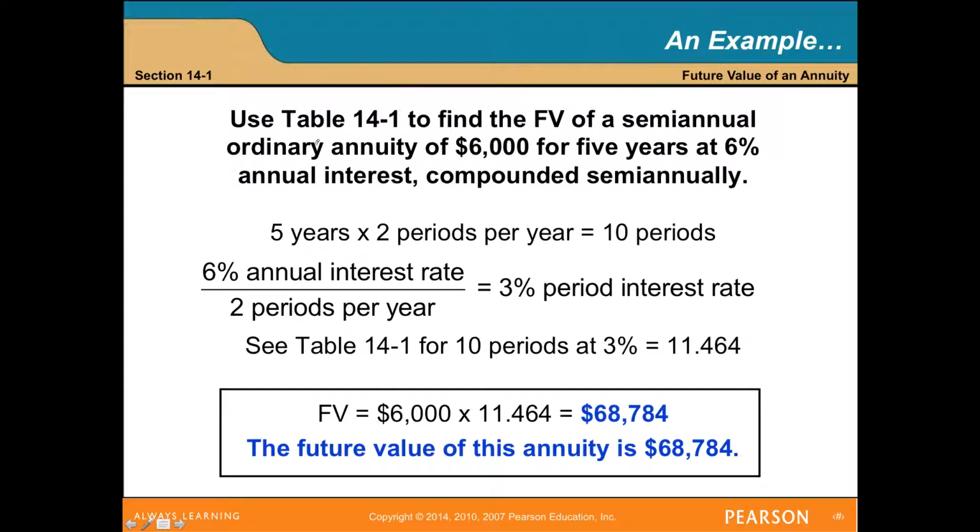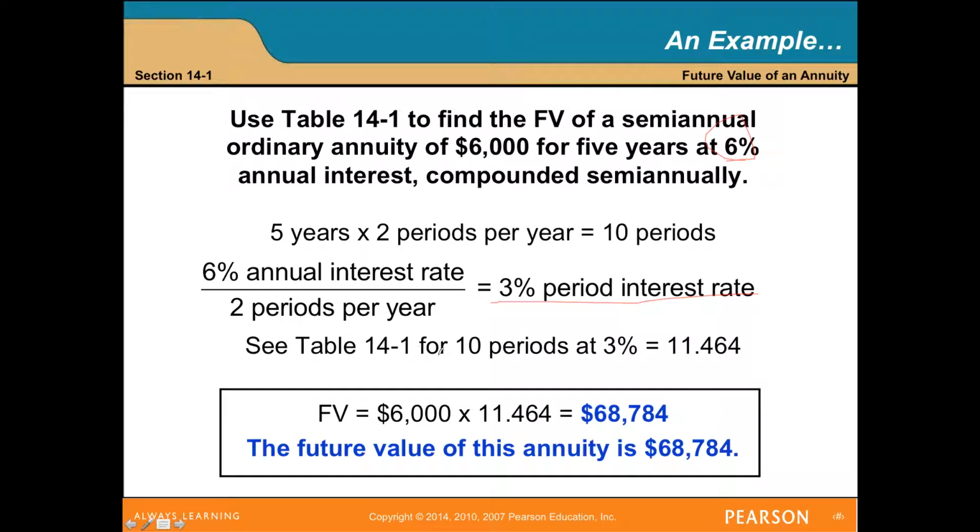So now we know that it's 6% annual interest rate, 2 periods per year, which gives us 3% interest rate per period. So then we're dealing with semi-annuals, right? So semi-annual implies 6 months. So then every 6 months you're looking at a period of 3%. So for the first 6 months, 3%, second 6 months, 3%, and that's where you get the total 6%.